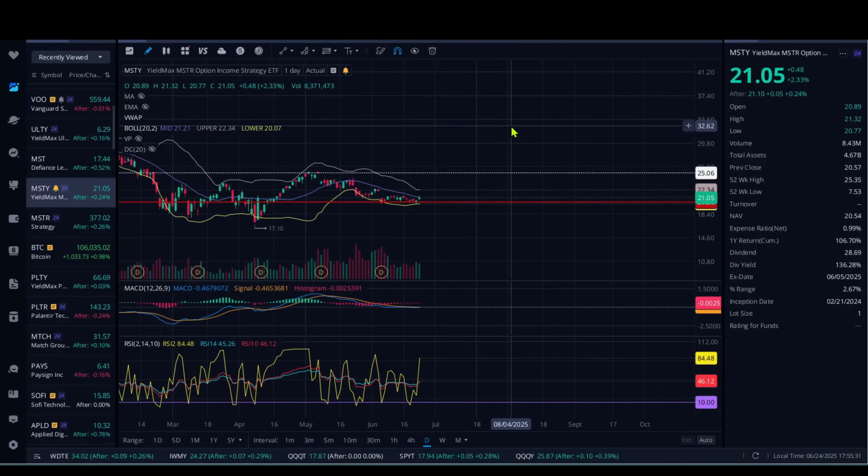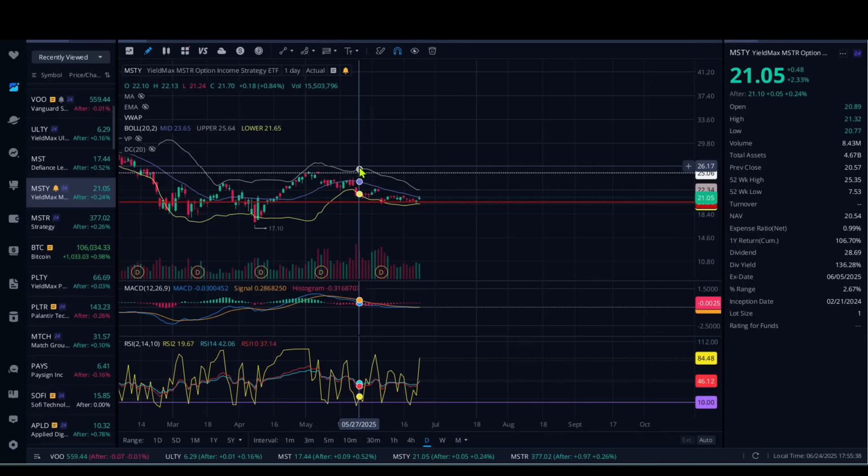If I can gain my initial capital back on MSTY, then I can use those distributions from that point out and then build MSTY without using my personal capital.